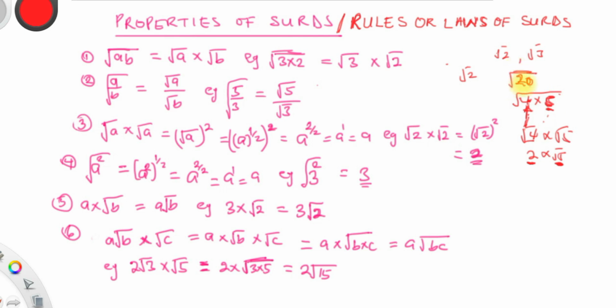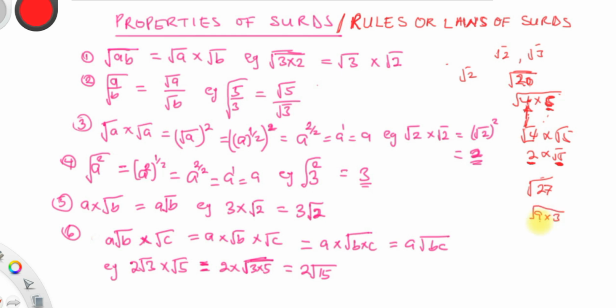So we are saying that sets, which are irrational numbers, usually involve a square root of prime numbers, and apart from that, they also involve square root of numbers that have prime numbers as their factors, or square root of numbers that are divisible by prime numbers. So let us look at square root of 27 in addition. Square root of 27 is the same as square root of 9 times 3.